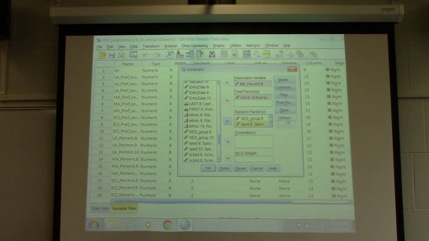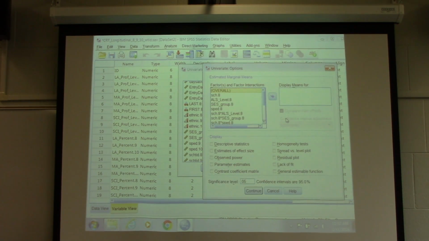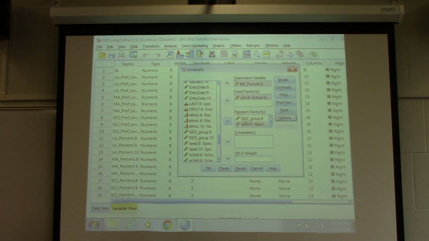So I'm going to go over to options, and I'm going to say, did it again, I'm sorry. I put my covariates under random factor instead of covariate, so move them to covariate.